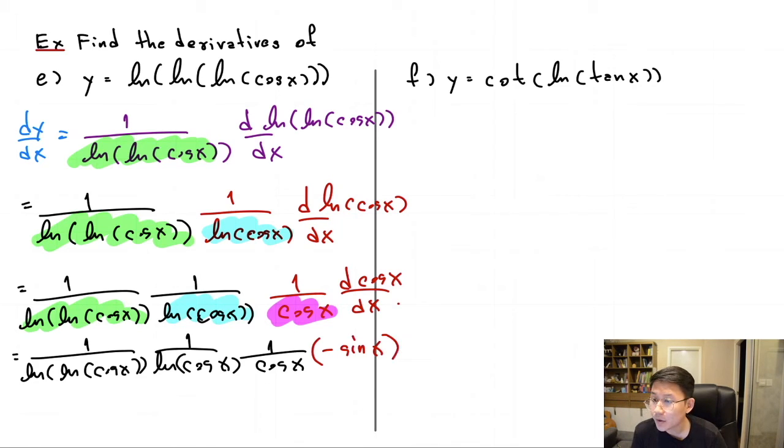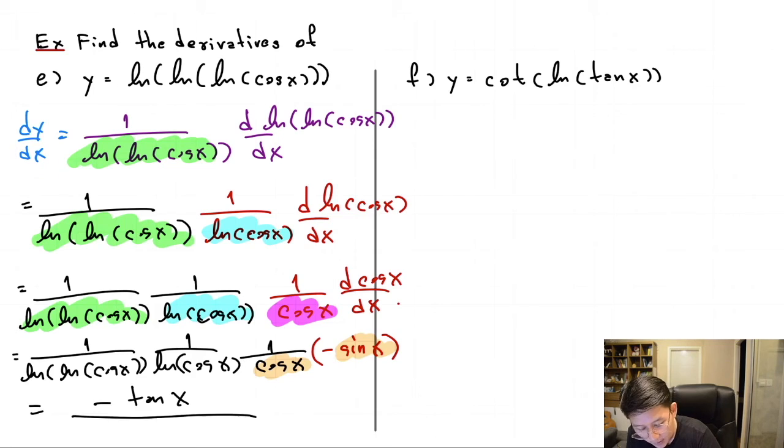Okay. So guys, here sine divided by cos, that is tan x, isn't it? So the answer is minus tan x divided by log of cos x, and that's it.